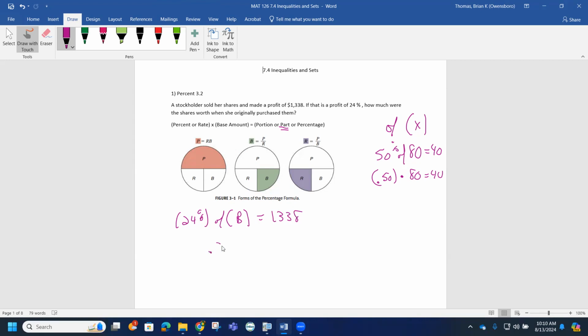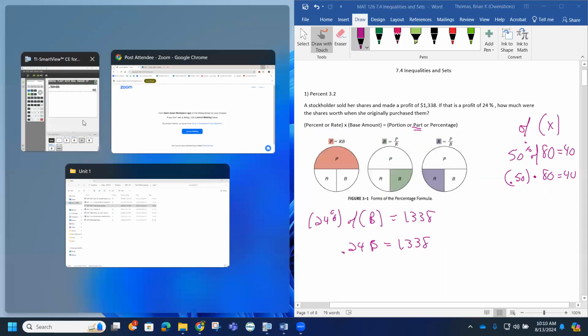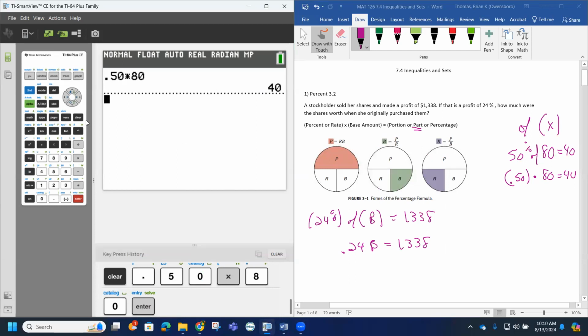So this is 0.24, and the "of" means multiplication, so I can write this as 0.24b equals 1338. Then you can use your calculator to do this math. We don't have to do all this long division, especially with decimals.